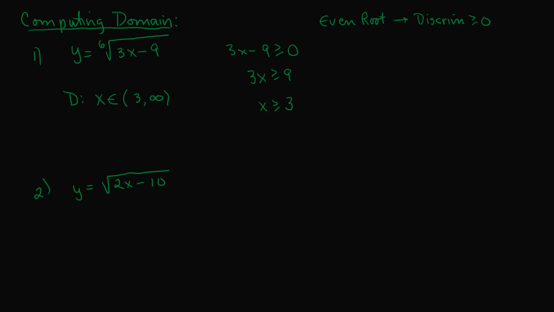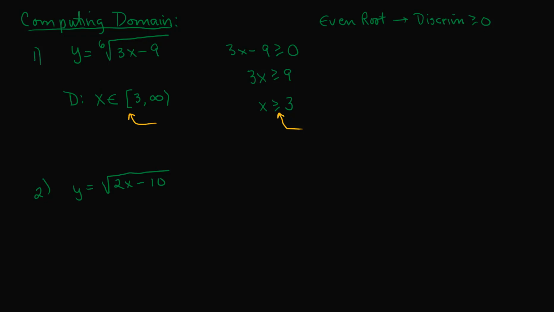Well, if you take a look at our results over here, it says x is equal to 3 or bigger than 3, which indicates yes, we can include the 3, which means I need to change this notation here. This is not going to be a parentheses to indicate that we can include the 3. We're going to use a bracket. You only use this bracket if your inequality, over here on the right-hand side, is something like greater than or equal to or less than or equal to.